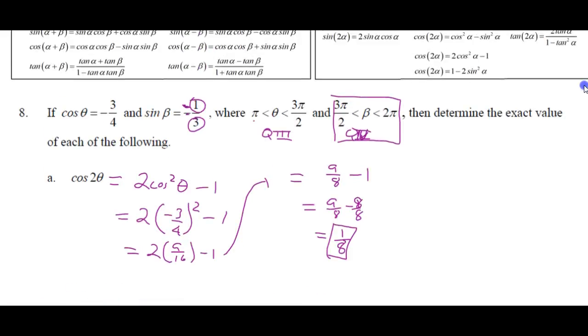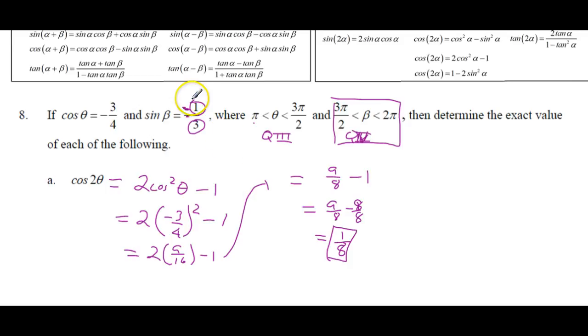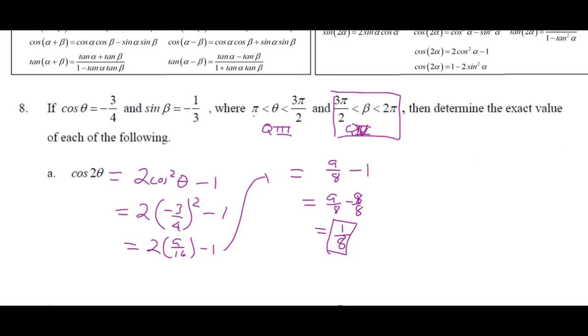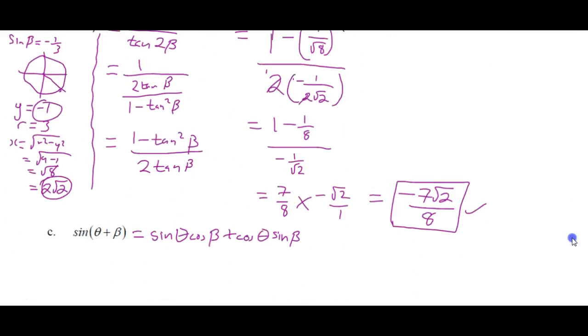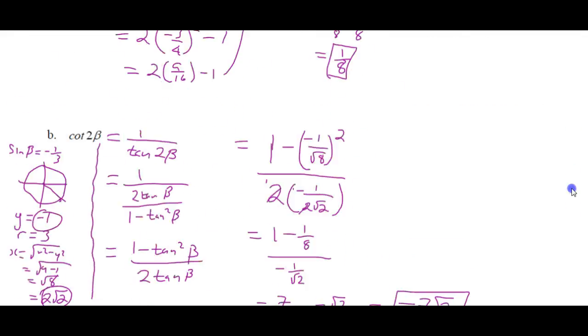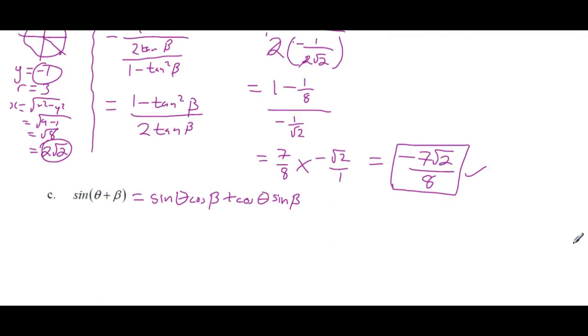I'm pointing to it with my finger. But in the formula, we're going to need the sine of theta and the cosine of beta. So what's the sine of theta?